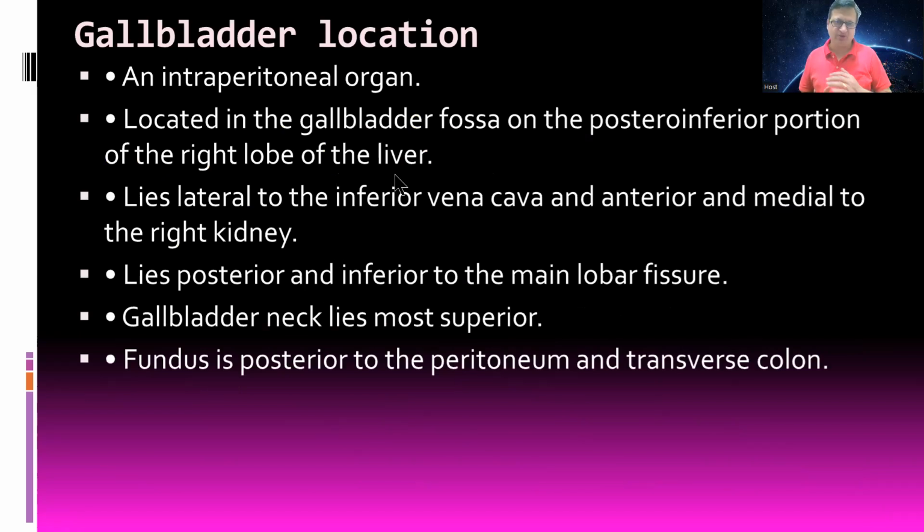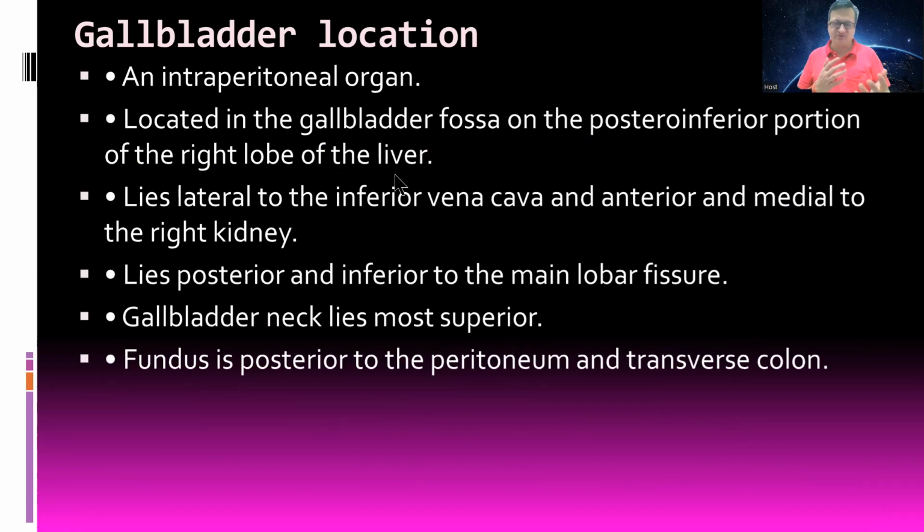Gallbladder is an intraperitoneal organ and it is located in the gallbladder fossa on the posterior inferior portion of the right lobe of liver. It lies lateral to the inferior vena cava and anterior and medial to the right kidney.